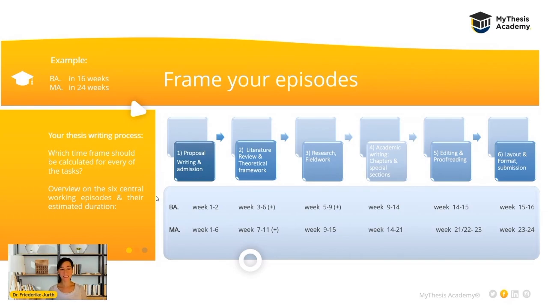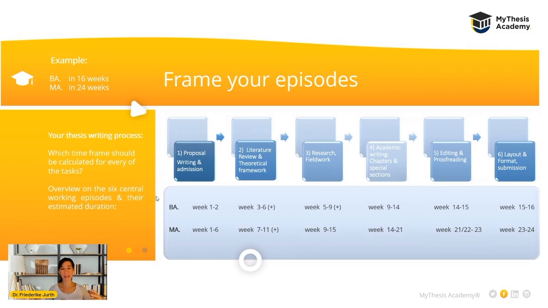As you see here, in the 2nd line, which is the master thesis, I also put a plus in the theoretical part, the theoretical frame. And I already started in the 9th week with the research and fieldwork, because the fieldwork and the practical research will be a little bit more extensive.